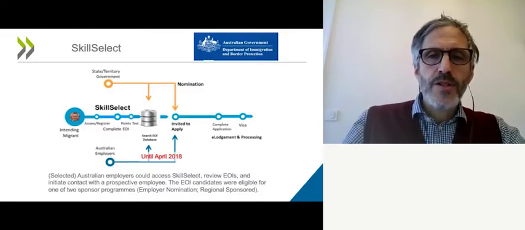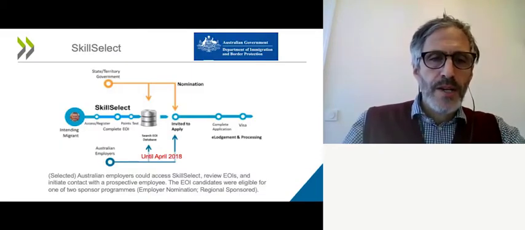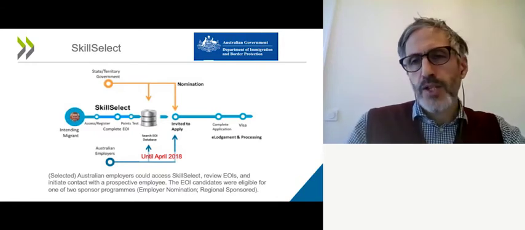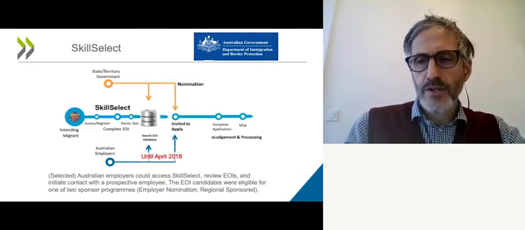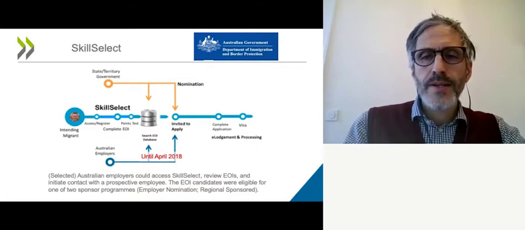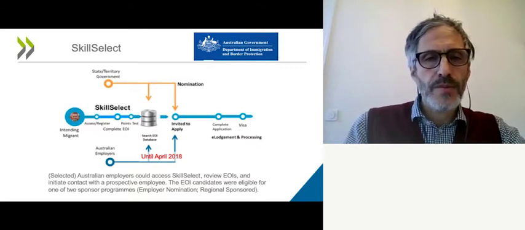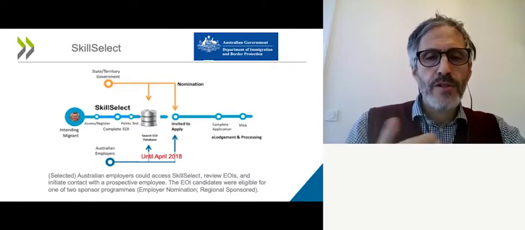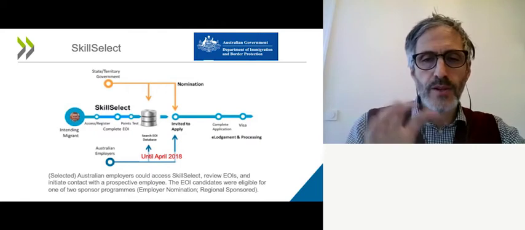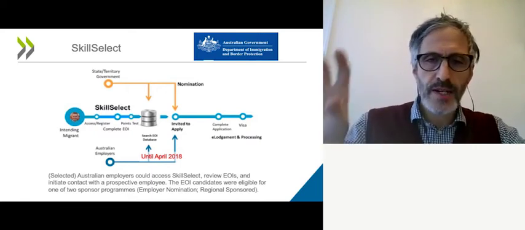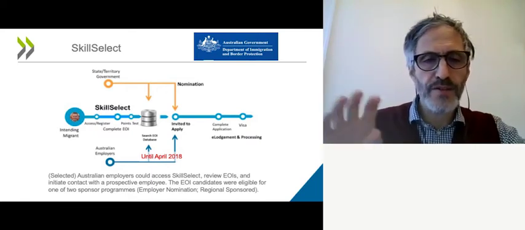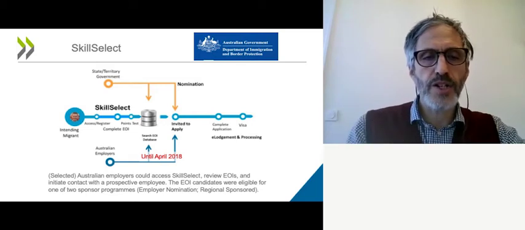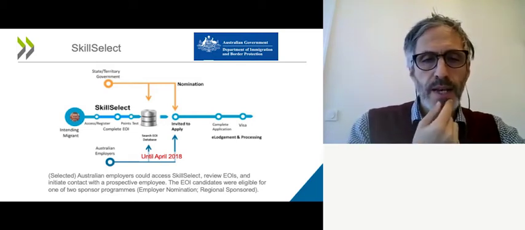Second example is Australia, and here again it's a system where candidates would express their interest in migrating to Australia, and employers were able to tap that pool. So selected employers could look into the Skill Select pool and look at the expressions of interest and anonymous profiles of different candidates and initiate contact with that candidate.